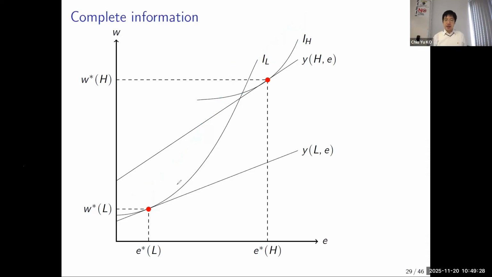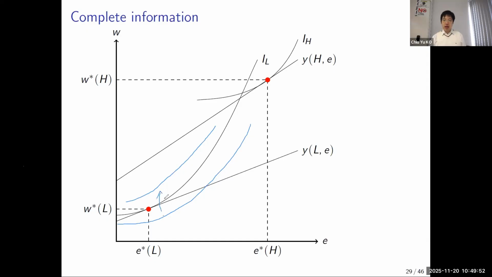So now we understand this is the indifference curve and why these two points are the result of complete information, right? But that is very simple, because you know your type. That is the maximum education you're going to do, because you can pick many points here, and going up is better.